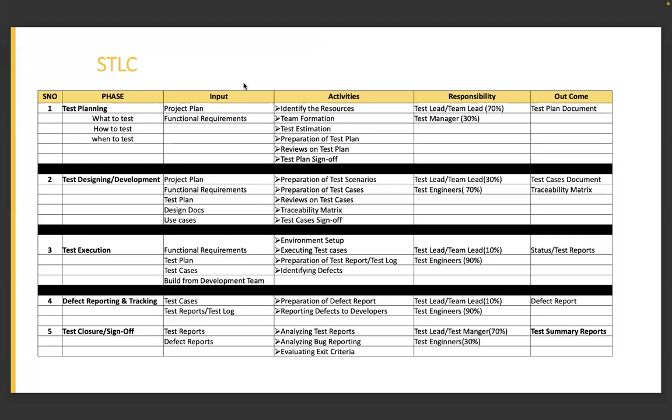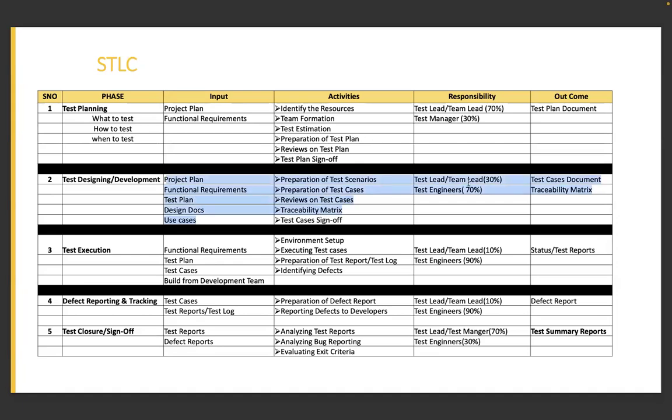Next is test designing and development, guys. The input for them is project plan, functional requirement, test plan, what has been created over here, and design docs and use cases. Based on these 5 to 6 documents, you generate the high level scenarios, you generate high level test cases, you have the review for the test cases metrics as well as traceability metrics, and you do a sign off.